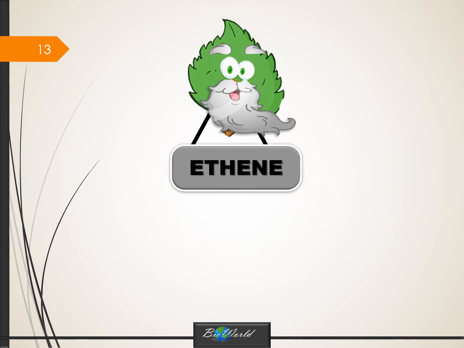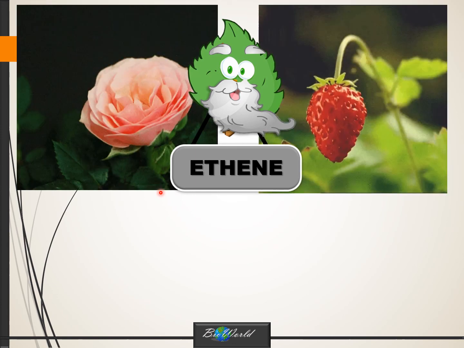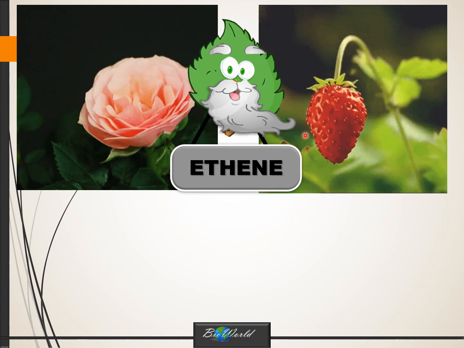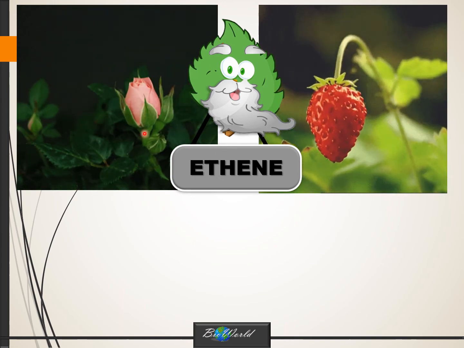The function of ethane, let me explain a little more about the functions that are specific to ethane, that is flowering and fruit ripening. Now the flowering process will be covered in another subtopic, so I'll focus on the fruit ripening. Now when a fruit ripens, there are three things you will notice.